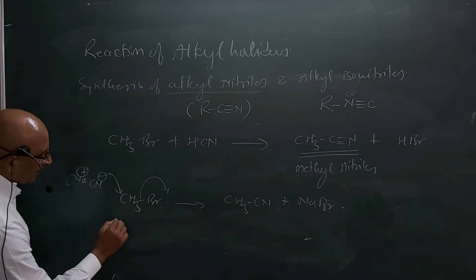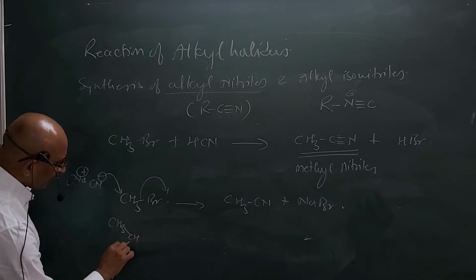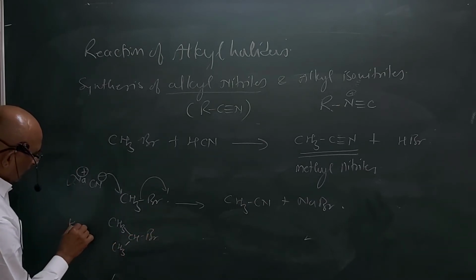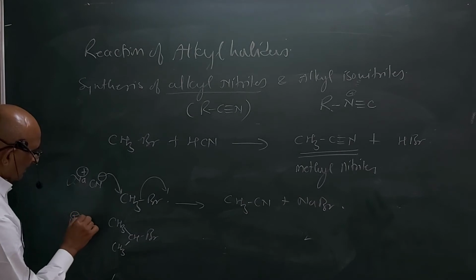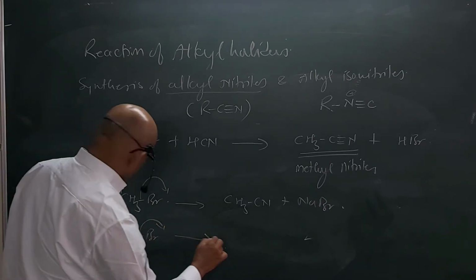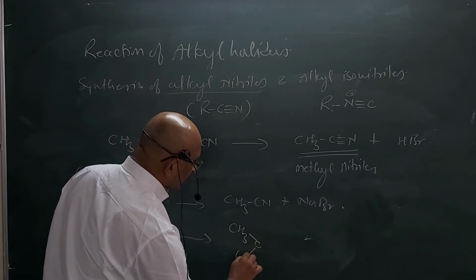Similarly, isopropyl bromide also reacts with, suppose, potassium cyanide, K plus CN minus. This attacks here, and you get the formation of isopropyl nitrile.